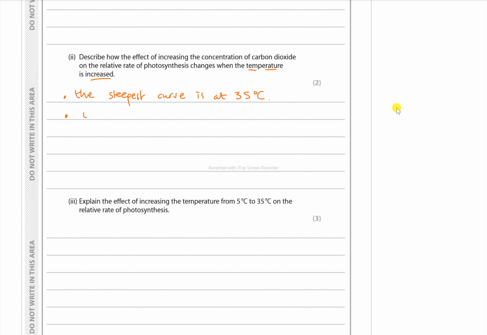Increasing CO2 for 35 degrees, increasing CO2 for all temperatures increases the rate of photosynthesis. So for all of them, photosynthesis.